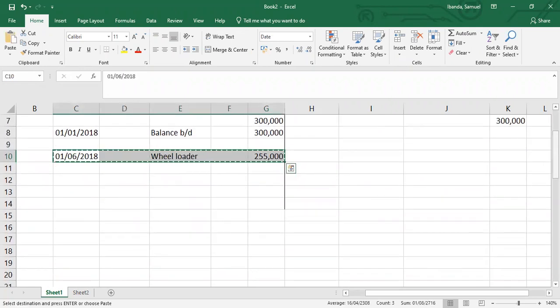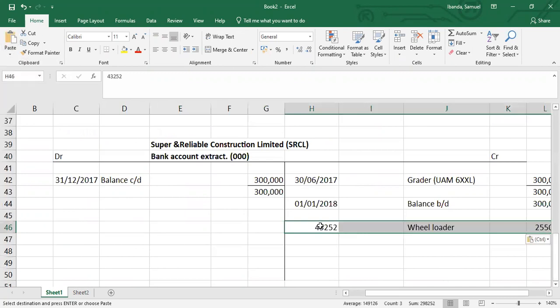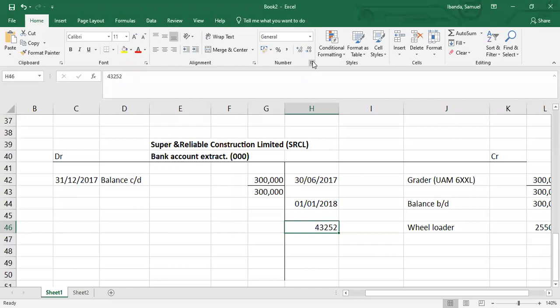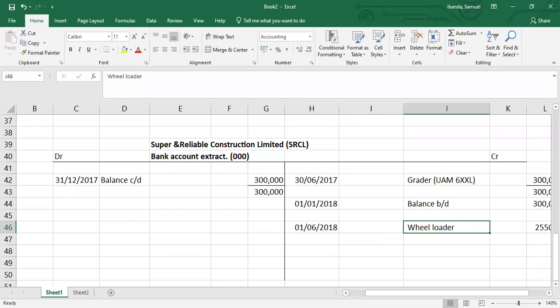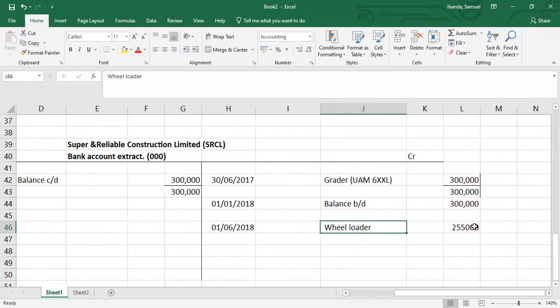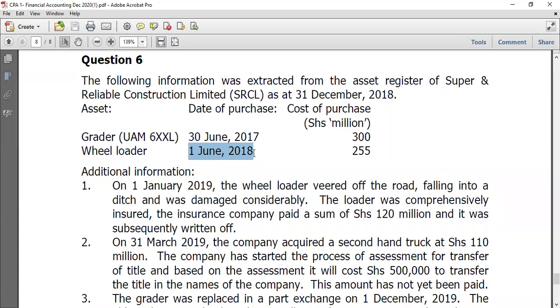I'll go to the bank account and record it. So in the bank account here, this is 255. So the double entry for that is done, 1st June 2018.